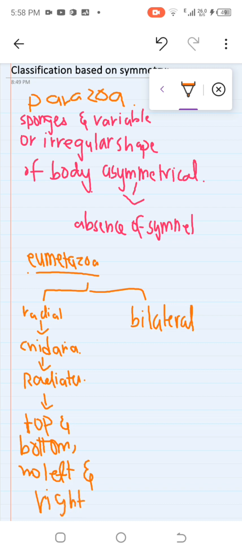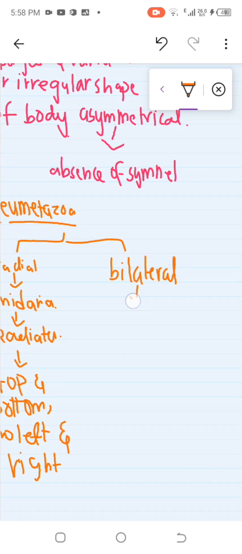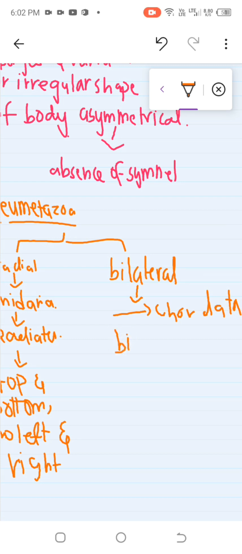But if I talk about bilateral symmetry, those are the animals after Cnidaria up to Chordata. They include all these phyla. Bilateral symmetry includes the animals which have a bilaterally symmetrical body, from phylum Platyhelminthes to phylum Chordata.